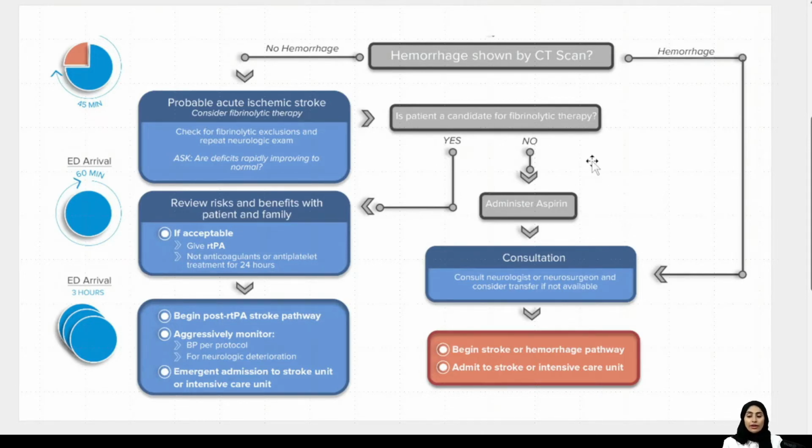If the patient is not a candidate for fibrinolytic therapy, either because the patient presented after 4.5 hours or there is a contraindication for giving IV tPA, we will start secondary stroke prevention like administering aspirin.